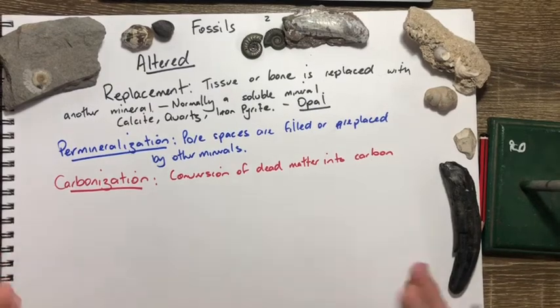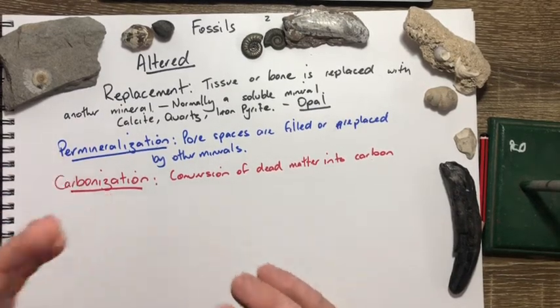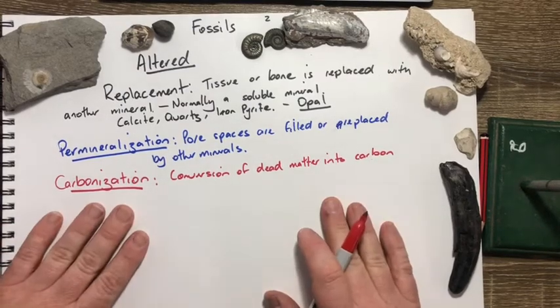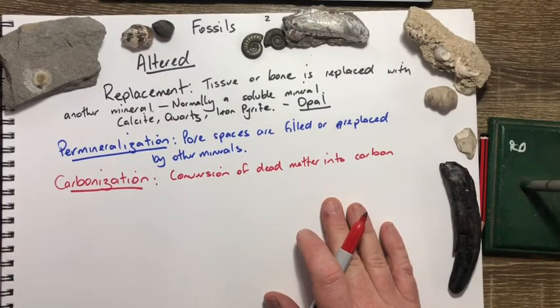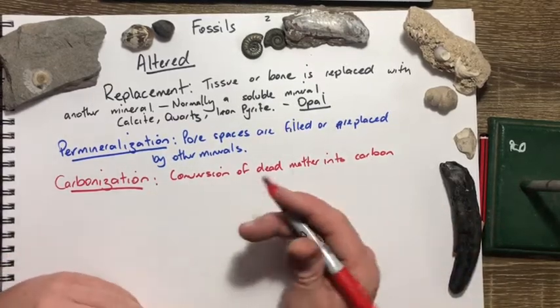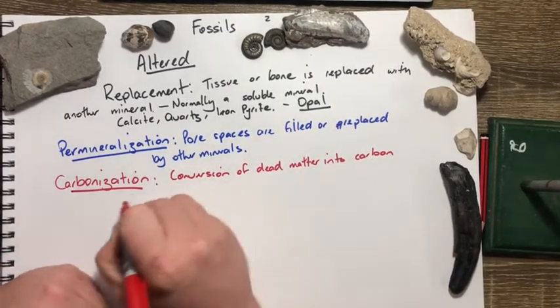This is called destructive distillation. Destructive distillation, and it's literally when organic material is converted to carbon. I'll write down a little bit more about this though.